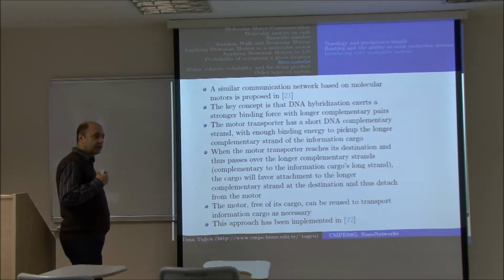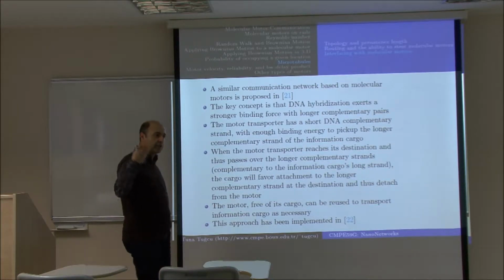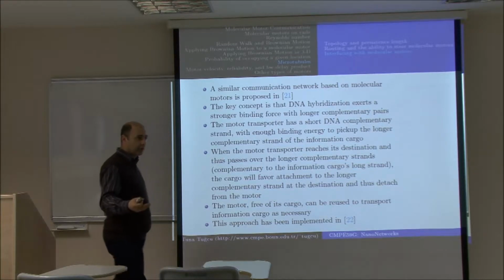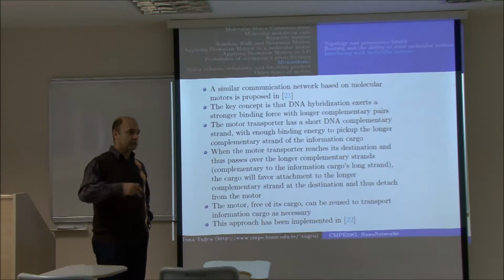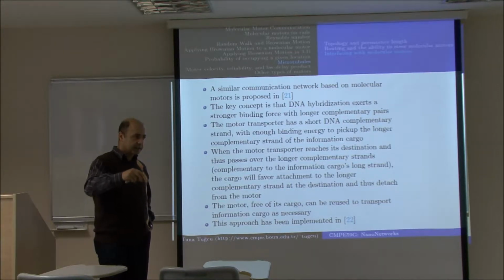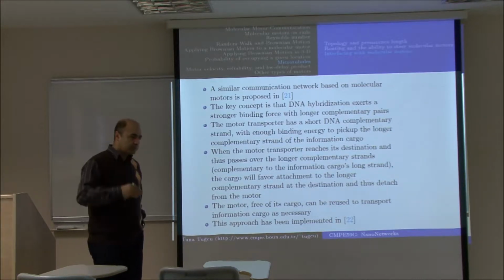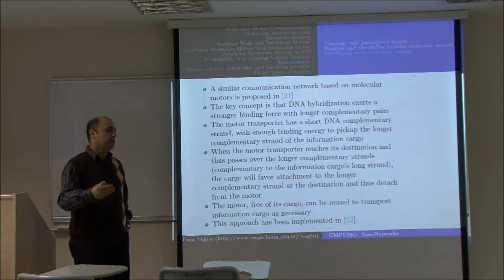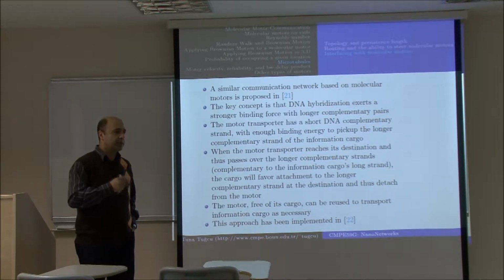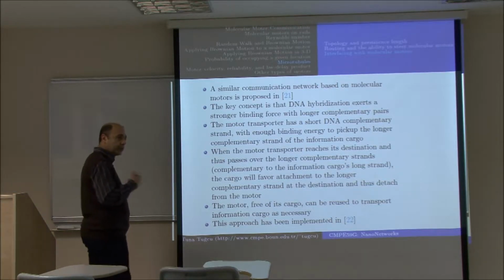This way, the motor will arrive at the destination and unload its cargo. It will get rid of its cargo. So now the molecular motor is free to leave the microtubule rail. It leaves the rail and floats with Brownian motion inside the cytoplasm, hopefully to reach a place where it can get a new cargo and again get on the microtubule network to carry the new cargo.